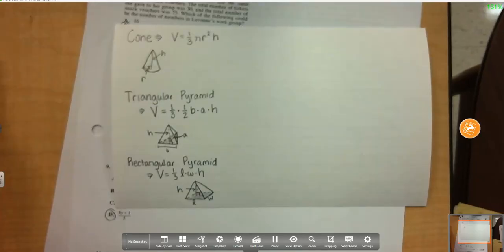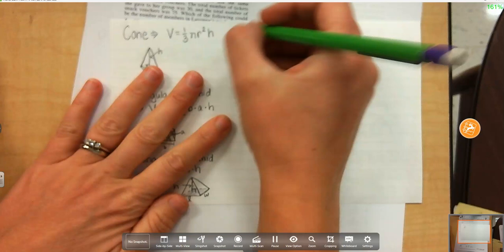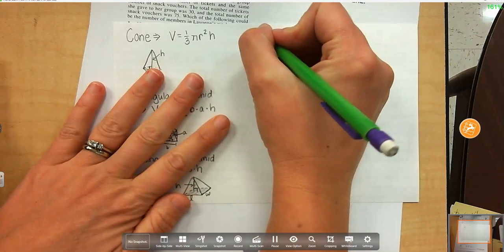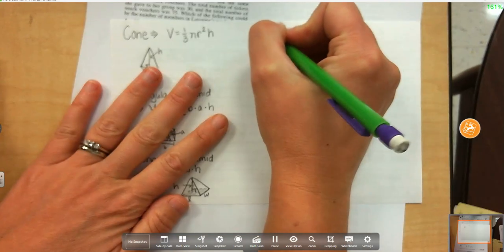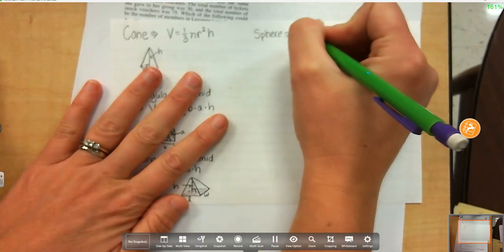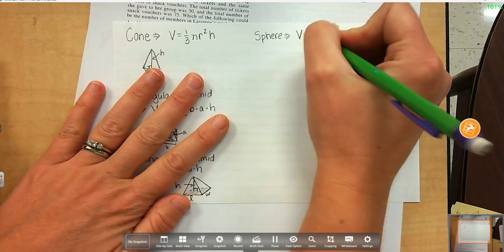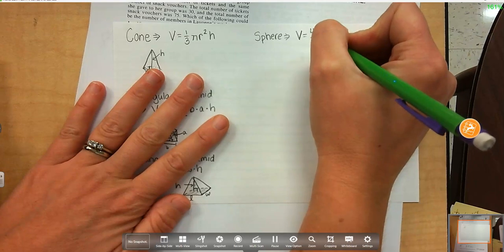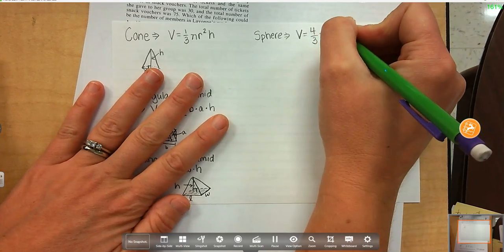So let's add this last one to our sheet. So a sphere volume equals 4/3 pi r cubed.